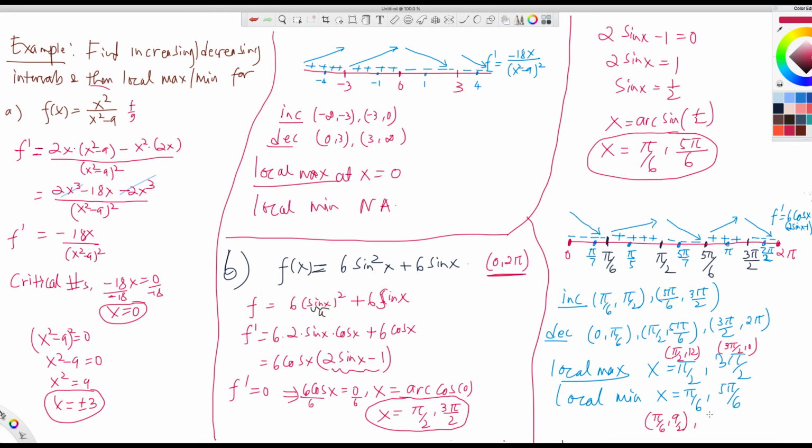Similarly, you find 5 pi over 6 comma, what is it? Sine 5 pi over 6 is also positive 1 over 2, so this is also 9 over 2. That's what you get. Okay, so if it is asked in the point form, xy form, you just plug that into the original given question. Okay guys, thank you.